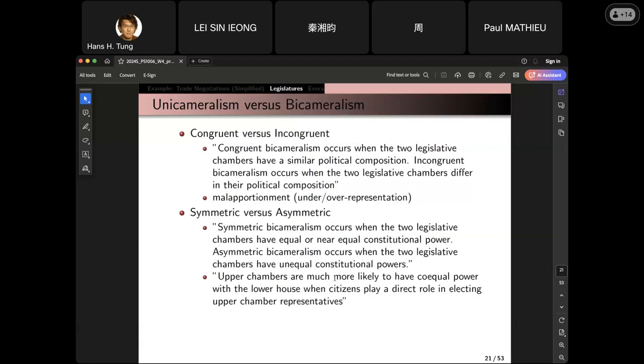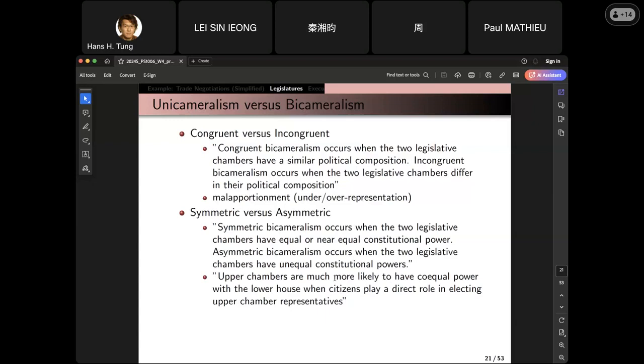So no one is, well, this is an exaggeration, but not many people are excluded from the system. That's how consensual democracy can be built. Okay, so this is the important point about how countries sometimes use bicameralism to accommodate minorities in their societies.